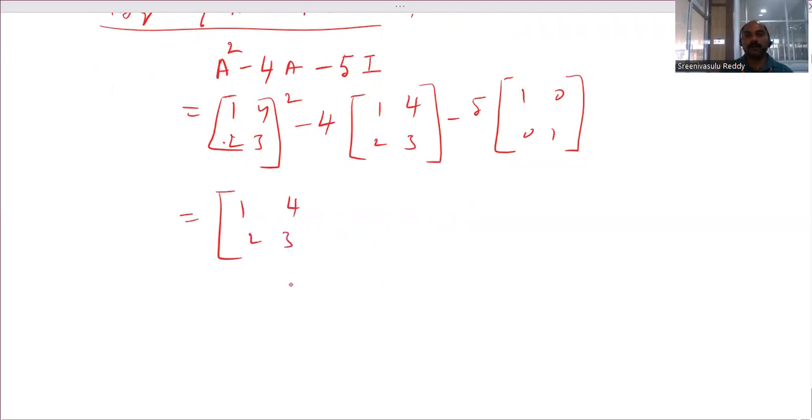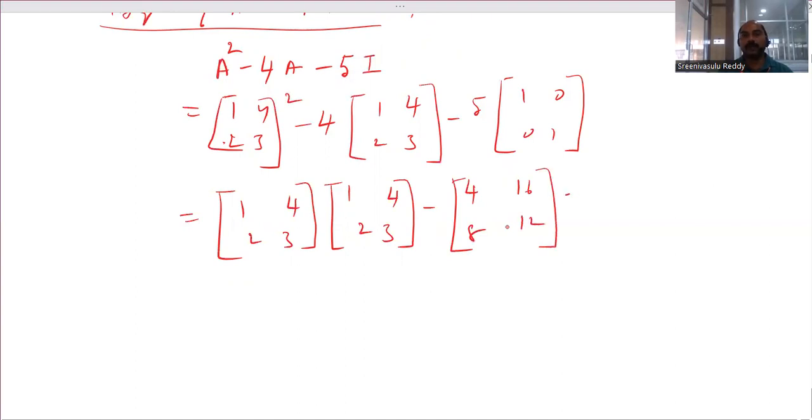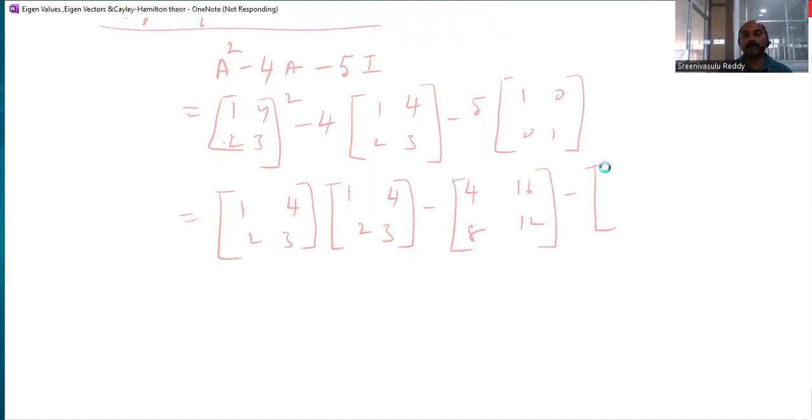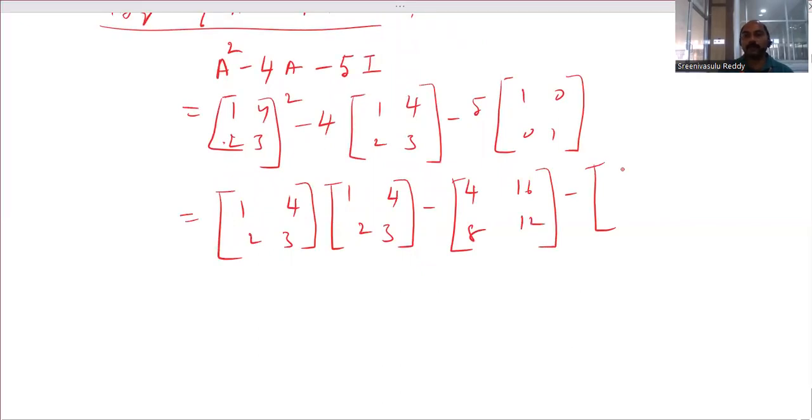1, 4, 2, 3 into 1, 4, 2, 3. Minus 4, 16, 8, 12. Enter the constant inside the matrix, then multiply all the entries. Here also the same thing: 5 into 1 is 5, 0, 0, 5. 0 into 5 is 0.